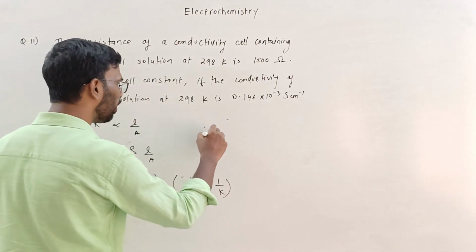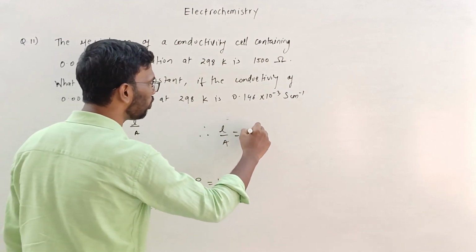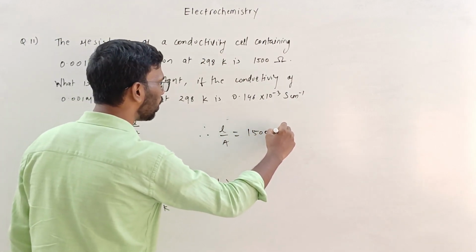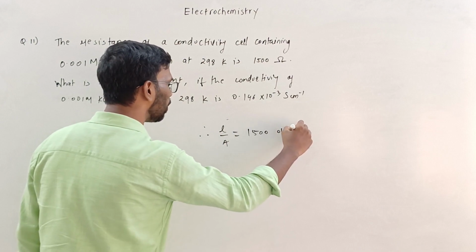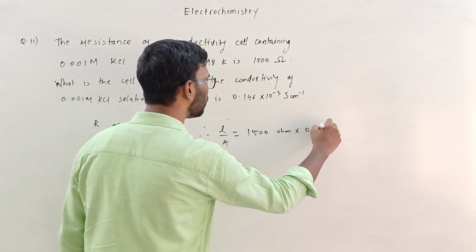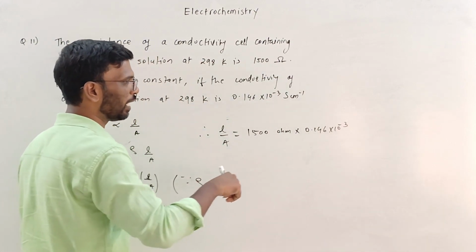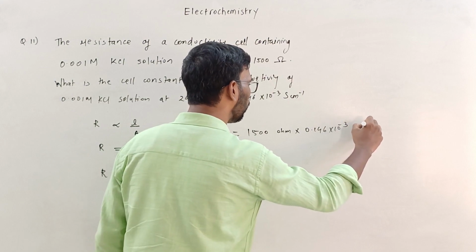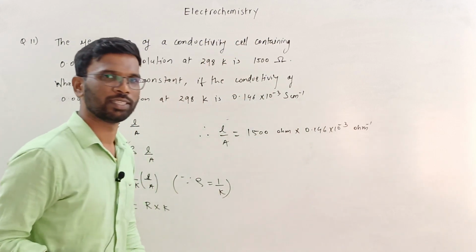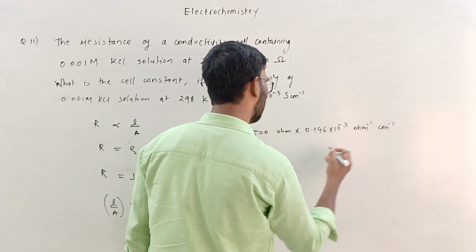l by A is the cell constant, which is equal to R into K. So l by A will be equal to the resistance given, 1500 ohms, multiplied by the conductivity, given to be 0.146 into 10 raised to minus 3 Siemens per centimeter. Siemens means ohm inverse, so it could also be written as ohm inverse per centimeter.